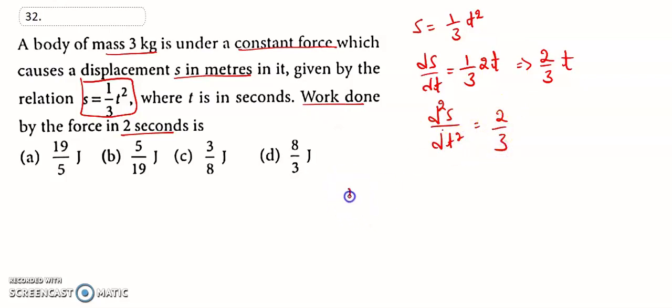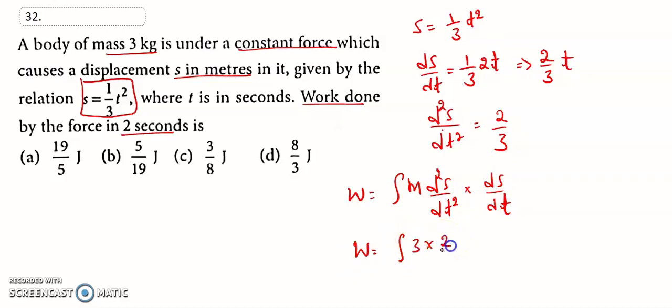Why? Because work done is equal to the integration of force. Force is mass into acceleration, and acceleration into distance is ds by dt. So work done is equal to the integration of mass 3 kg into 2 by 3, into ds by dt which is 2 by 3 t, into dt.